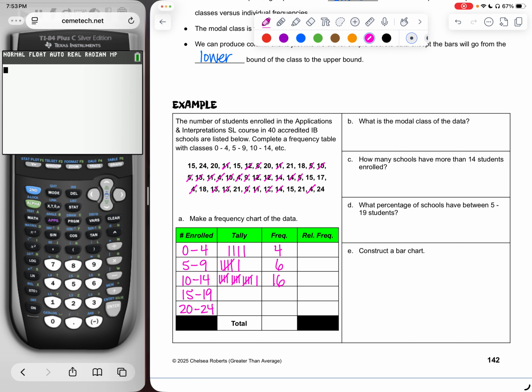And then from 15 to 19, we have 1, 2, 3, 4, 5, 6, 7. We have 7 numbers. And then from 20 to 24, we have 1, 2, 3, 4, 5, 6, 7.